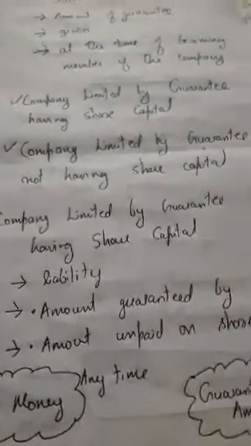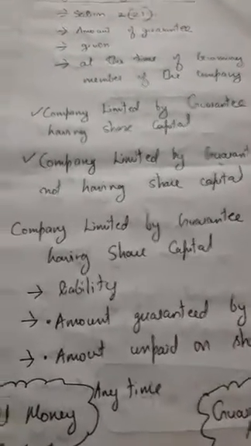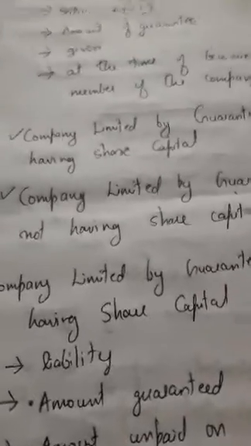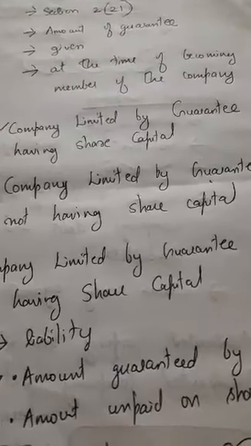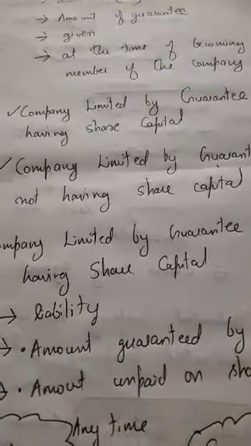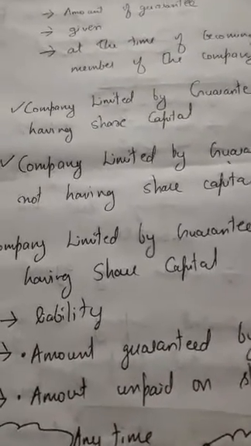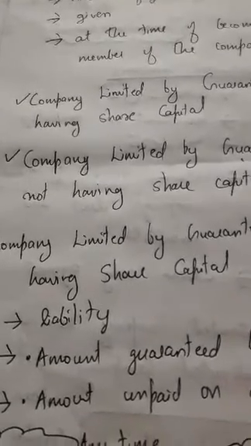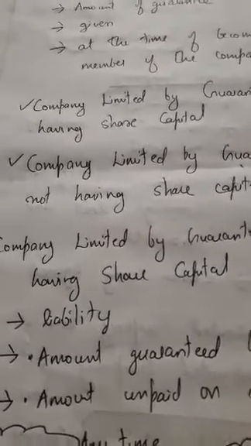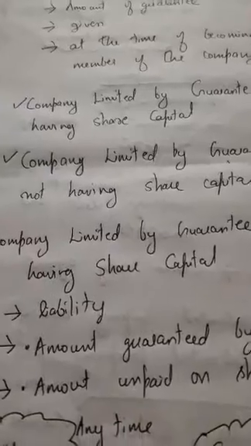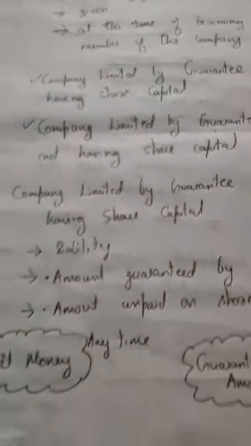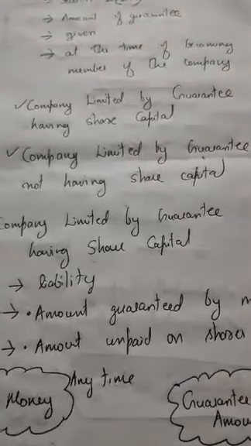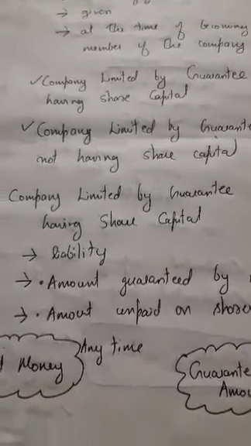It is not necessary that such a company must have no share capital, or that it must have share capital. There is no such necessity. A company limited by guarantee may or may not have share capital. Those are the two classifications of a company limited by guarantee.